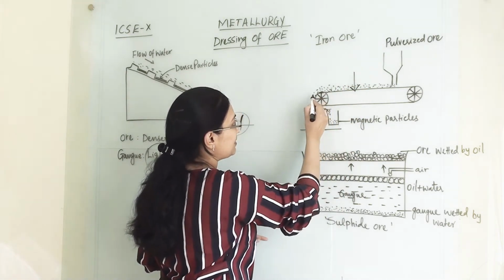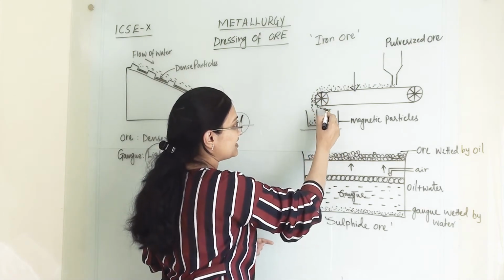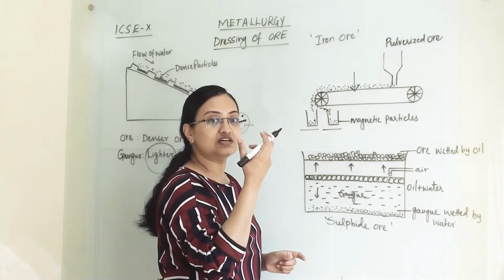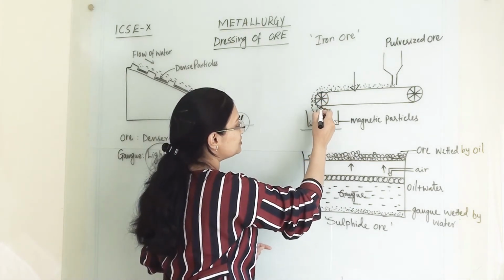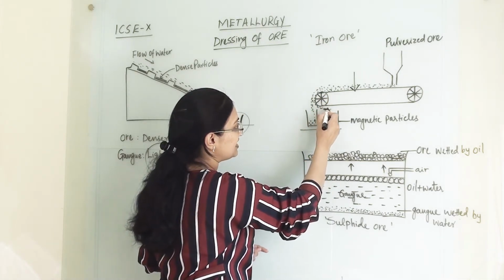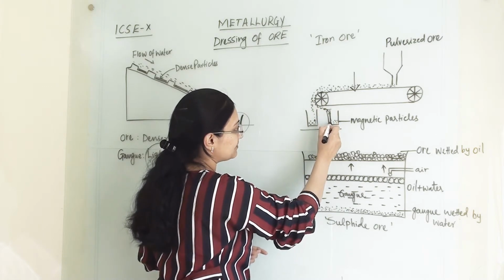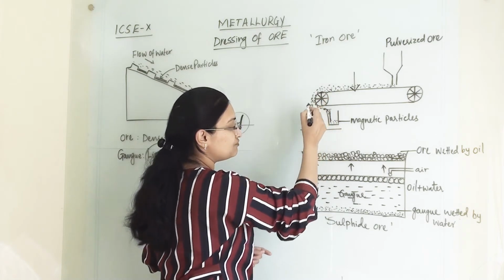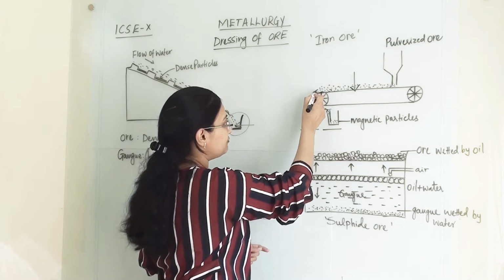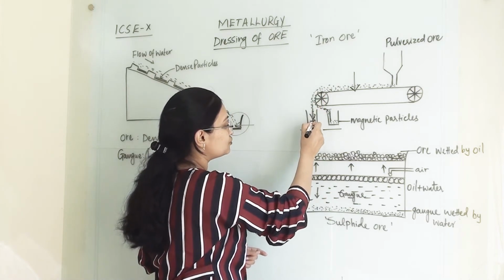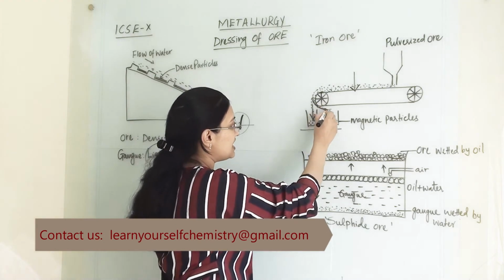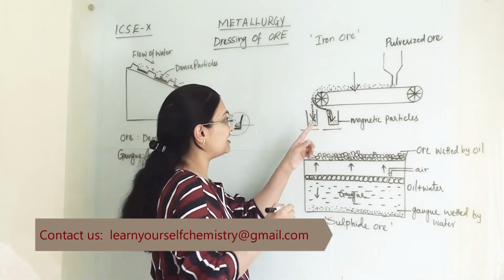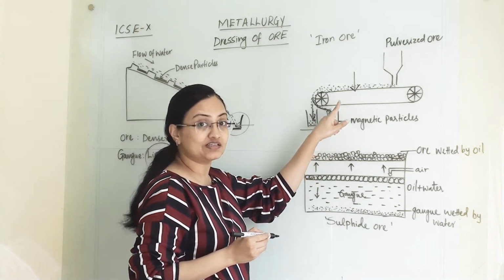The magnetic particles, the iron particles, are attracted towards the magnetic conveyor belt, held by it, and fall here, and the non-magnetic impurities fall directly to this other vessel. That is how we separate them, because the iron particles are attracted towards the magnetic conveyor belt.